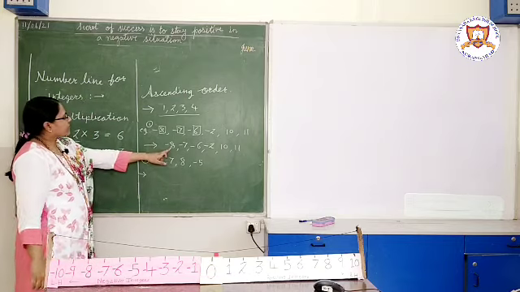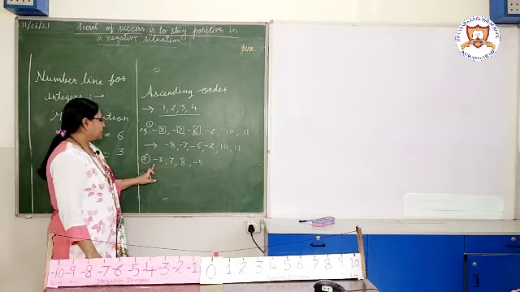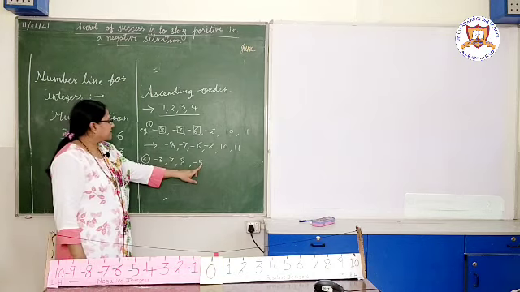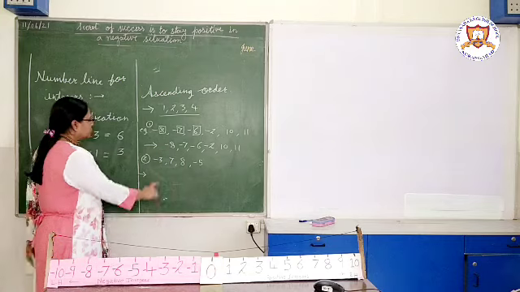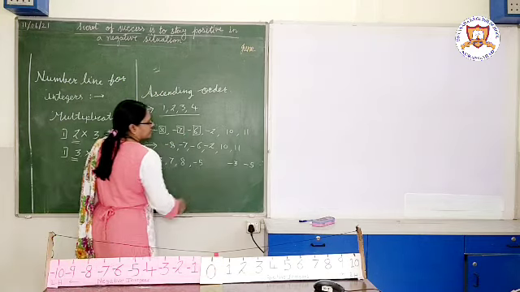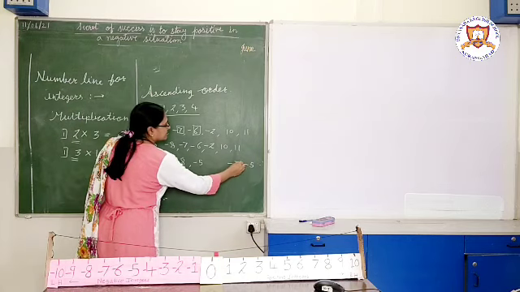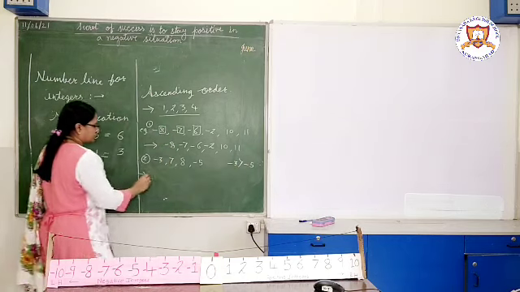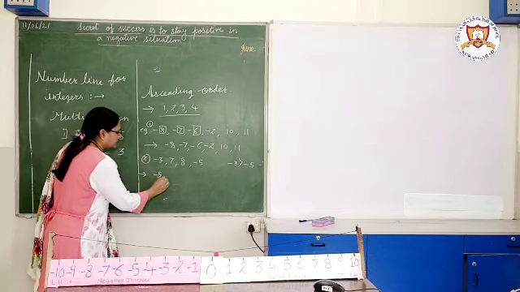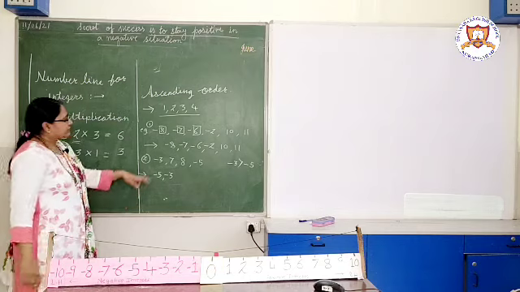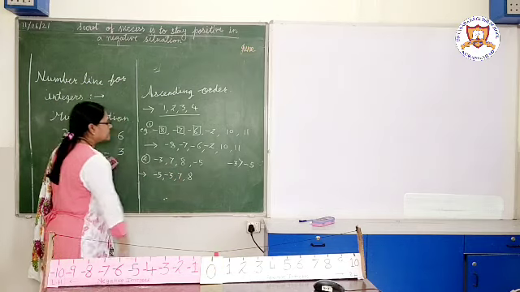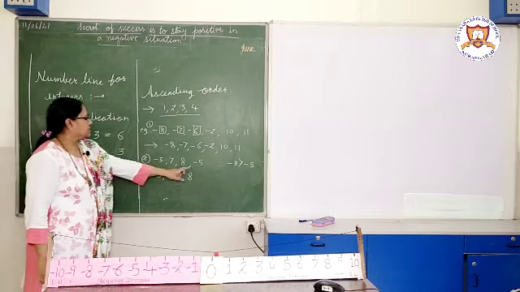Greater the magnitude, less is the number, for negative numbers only. Here two integers are there, -3 and -5. Between them, -5 is less than -3. So first we write -5, then -3, then 7 and then 8. This is the ascending order for these numbers.